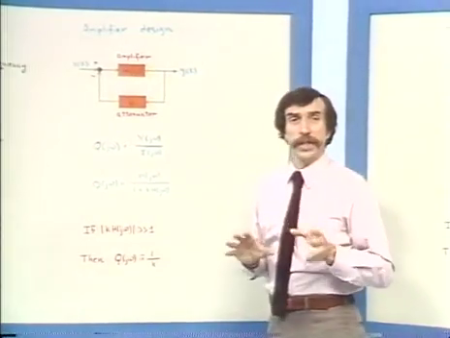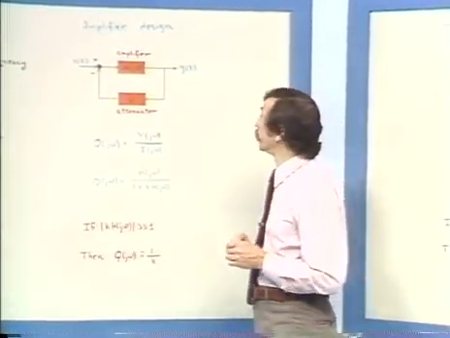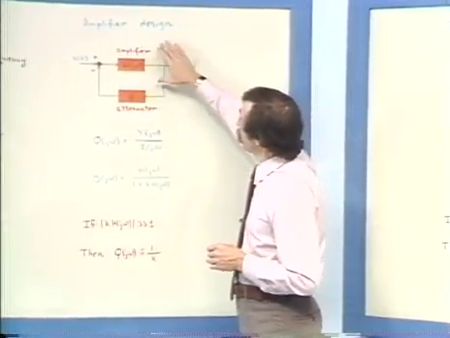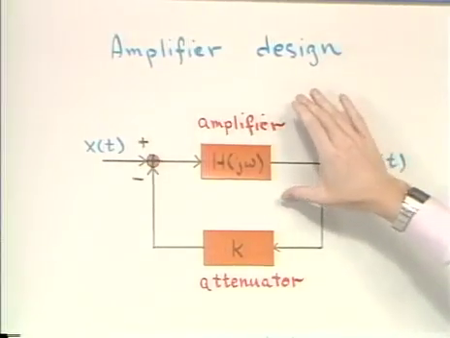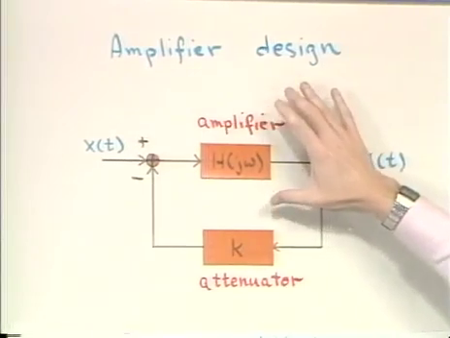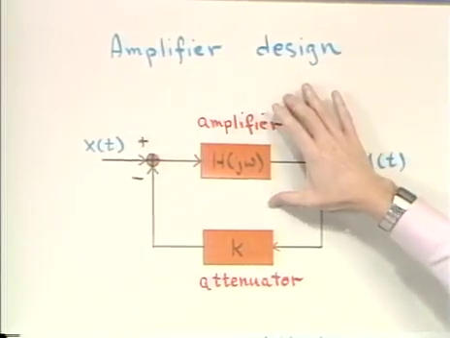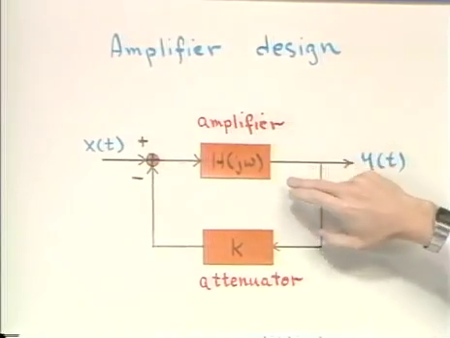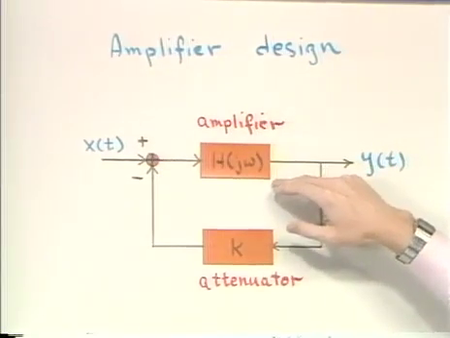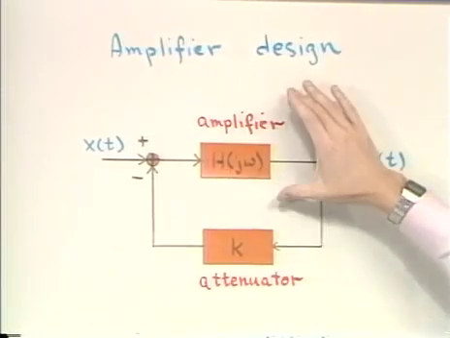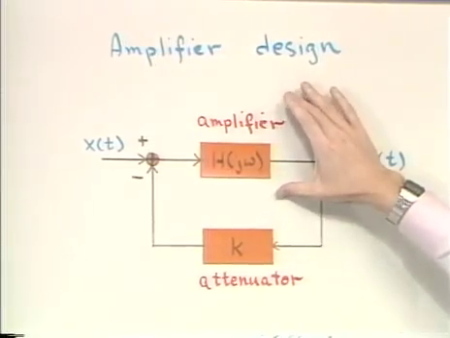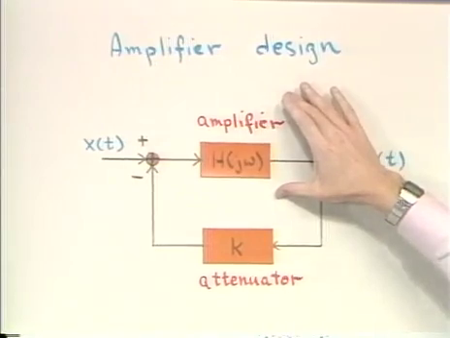Well, let's begin with amplifier design. Let's suppose that we've built somehow without feedback an amplifier that is terrific in terms of its gain, but has the problem that whereas we might like the amplifier to have a very flat frequency response, in fact, the frequency response of this amplifier is non-constant.